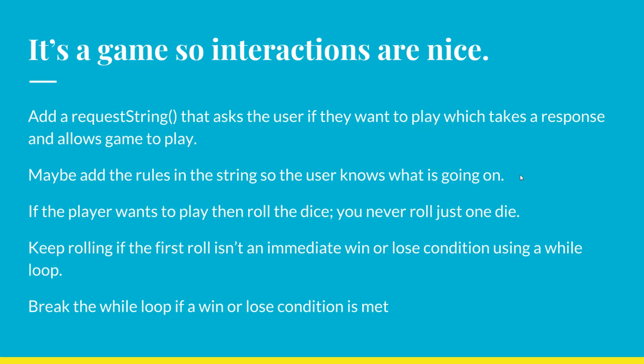And essentially, if the player wants to roll, it just keeps rolling. You never roll just one die, you roll both dice, and then you just keep rolling. You achieve that with a while loop until you either reach a win condition or a lose condition, and then you break the while loop that way. Yeah, it's pretty much it.